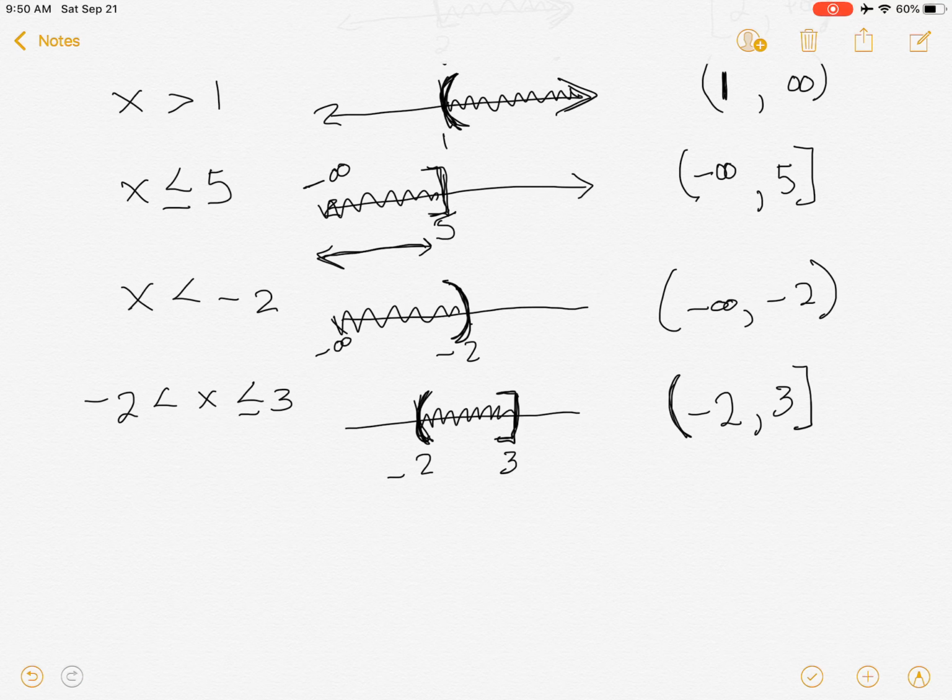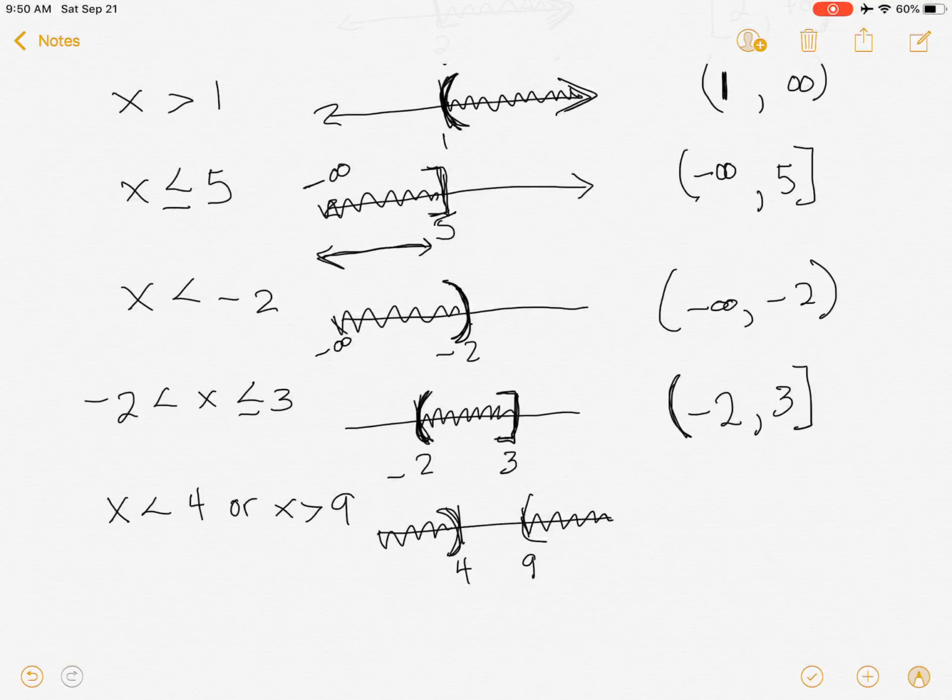Okay? Now, when you're looking at a couple of pieces, and we're going to deal with this when we get into absolute value, I want to do one that's kind of 2 pieces. Alright? Let's say I had x less than 4 or x greater than 9. Okay, so when I go to my graph, it's less than 4, it's greater than 9.